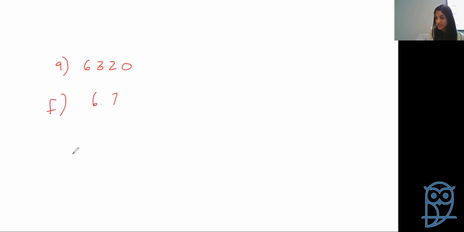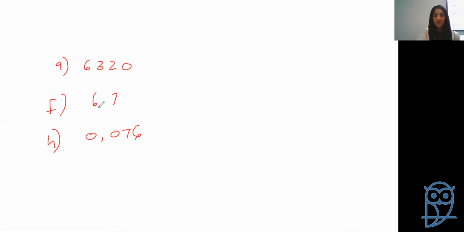So it says write each of the following numbers to one significant figure. So I'm going to write down a couple. 6,320, 6.7, and I'll do H, 0.076. Okay, so let's look at the first one.